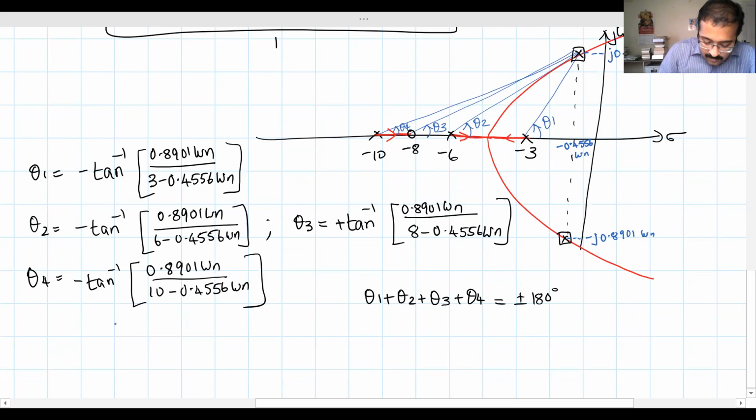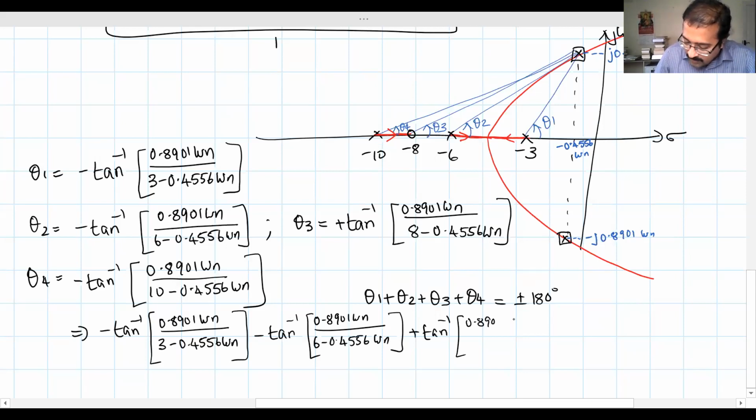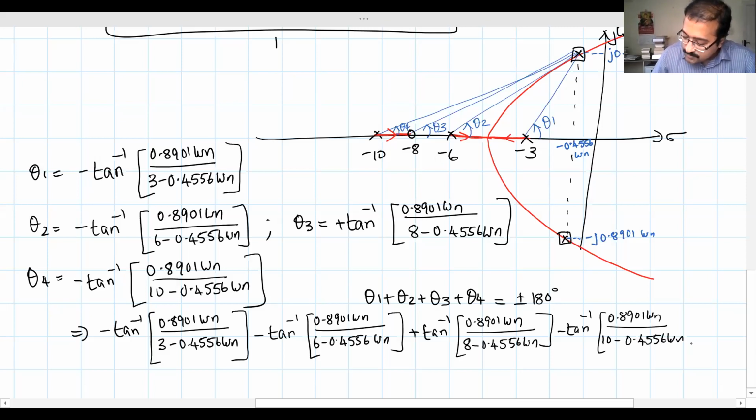That means minus tan inverse 0.8901 omega n divided by 3 minus 0.4556 omega n, minus tan inverse 0.8901 omega n divided by 6 minus 0.4556 omega n, plus tan inverse 0.8901 omega n whole divided by 8 minus 0.4556 omega n, minus tan inverse 0.8901 omega n divided by 10 minus 0.4556 omega n. This must be equal to plus or minus 180 degrees.